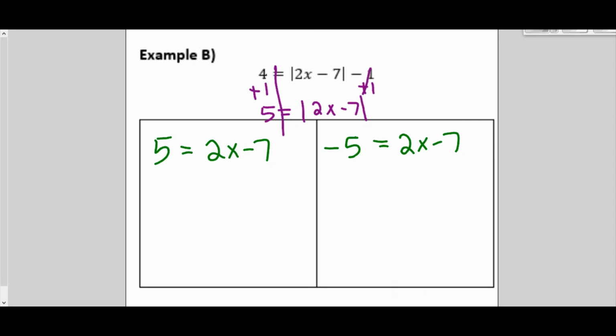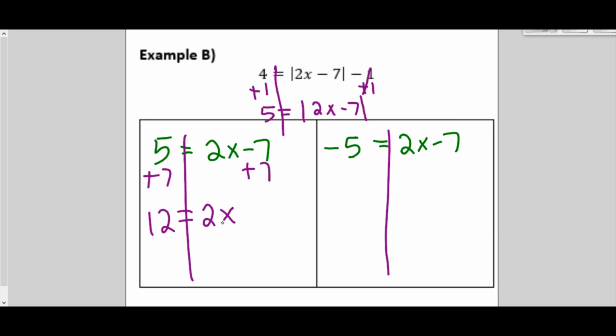So here we'll add 7 to both sides first. So plus 7. So this gets me 12 equals 2x. And when I do the same thing on the other side, plus 7, I get -2 equals 2x. Sorry, that's positive 2. So I get positive 2 equals 2x.